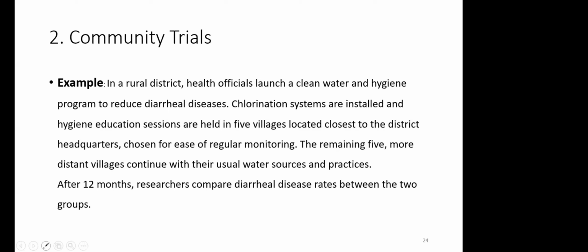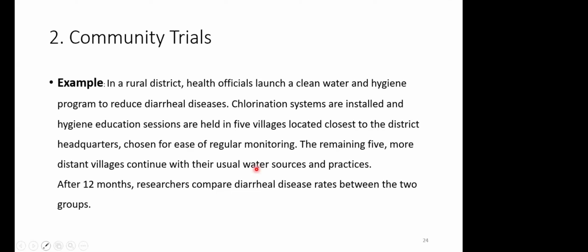The remaining 5 distant villages continue with their usual water sources and practices. After 12 months, researchers compare their disease rates between the 2 groups. So again here, the intervention villages are selected for logistical convenience rather than random allocation.